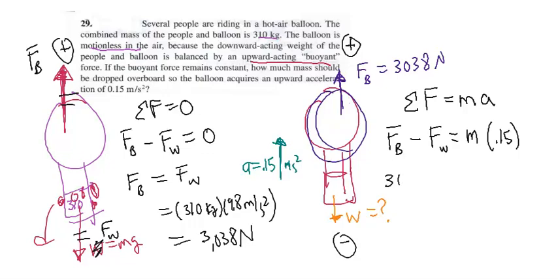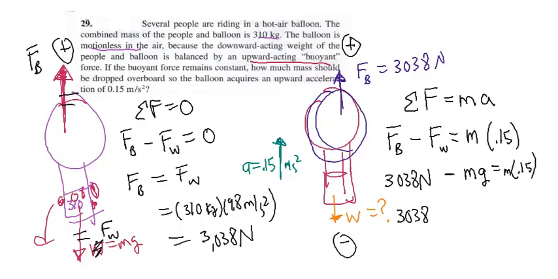And the buoyant force is 3038 minus, we don't know what m is, but whatever it is, the weight is going to be m times 9.8, equals m times 0.15. Okay, now we're solving for m, so we have to combine like terms.